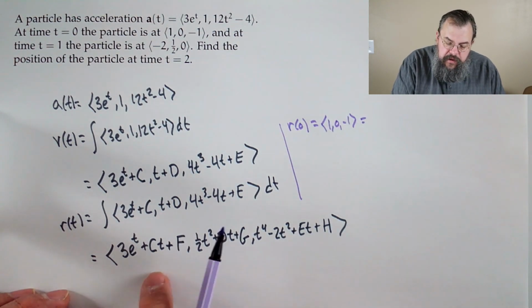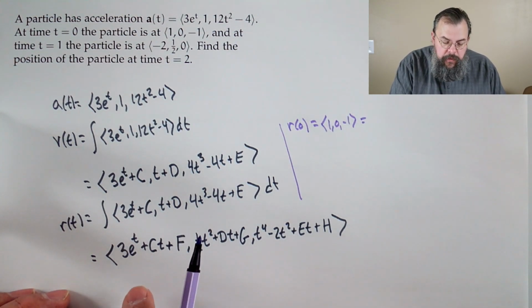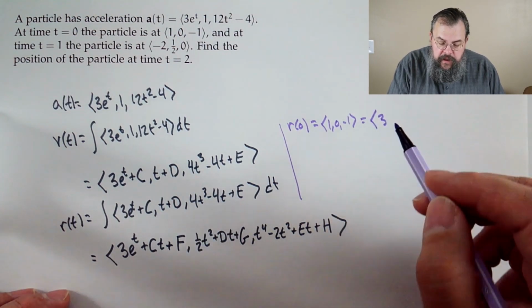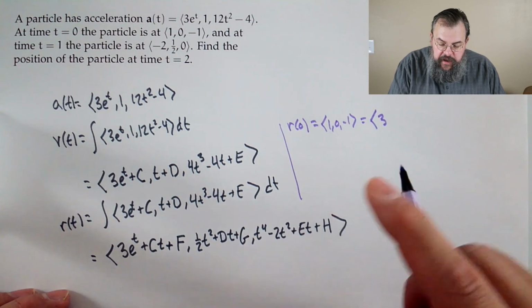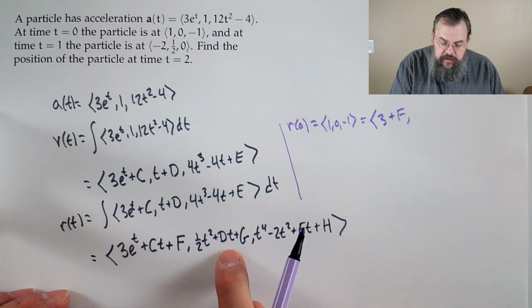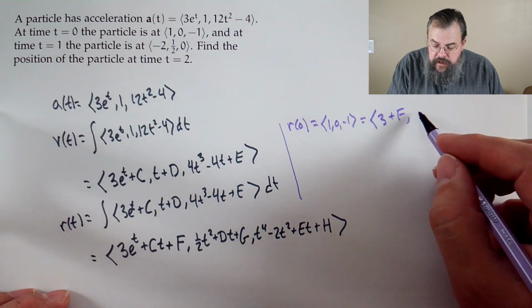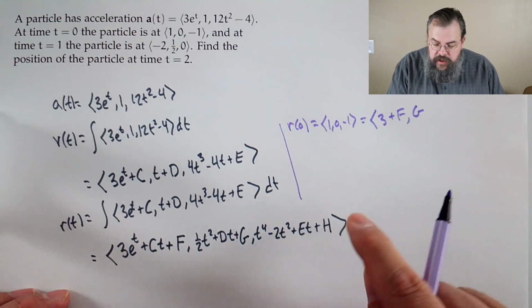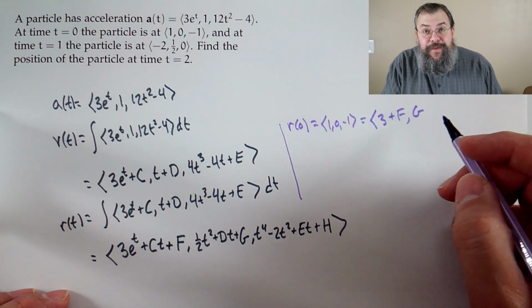Now we plug 0 into here. What do we get? Well, we'll get 3 plus f, and then we'll get a 0, 0, and g, and then we're going to get 0, 0, 0, and h. It's so nice working with 0.